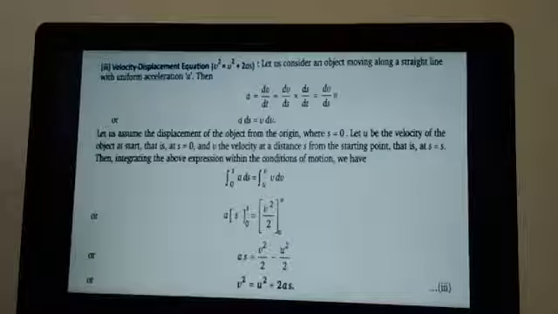Very simple, no? We have the third equation of motion: v square is equal to u square plus 2as. We started with the acceleration equation a is equal to dv by dt, then multiplied and divided by ds.